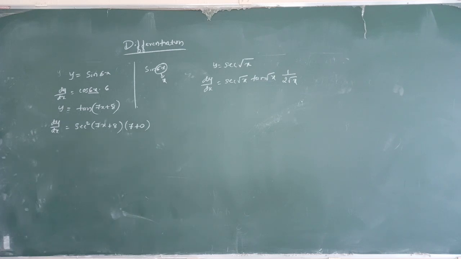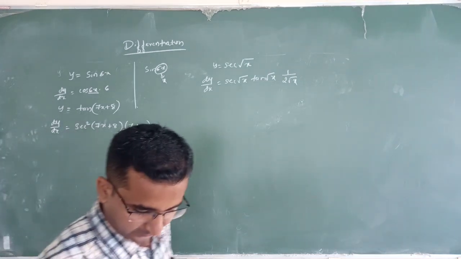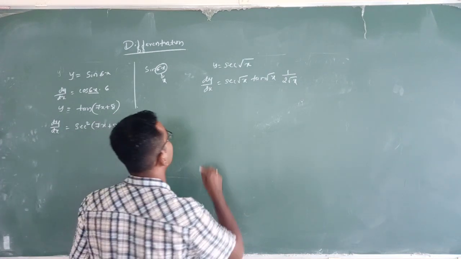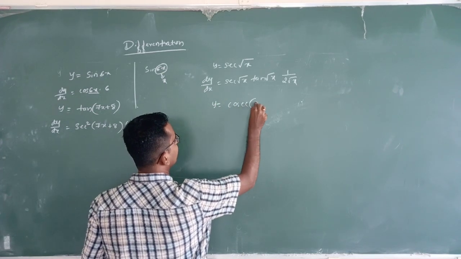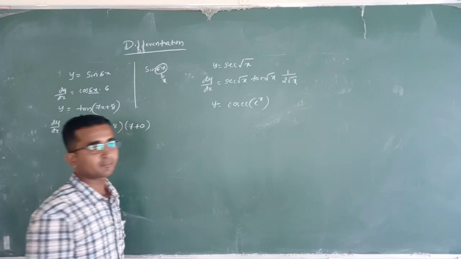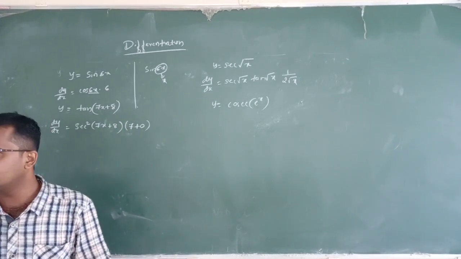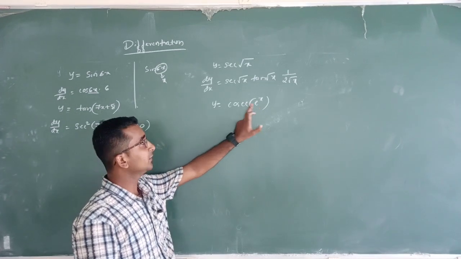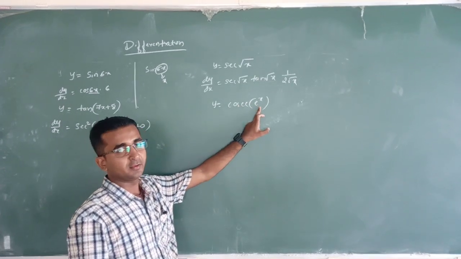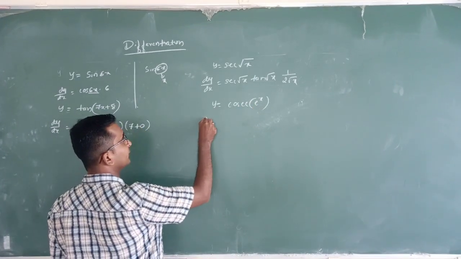Okay. The next example is cosec of e raised to x. So cosec of e raised to x is what? I consider this as cosec of x. What is cosec x differentiation?